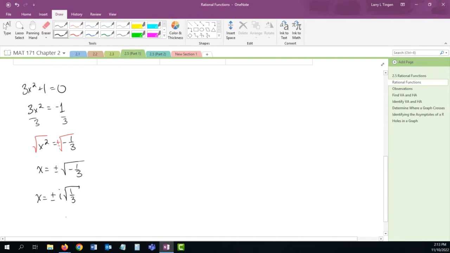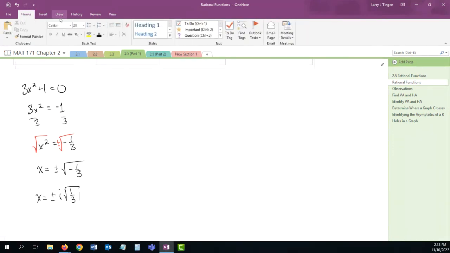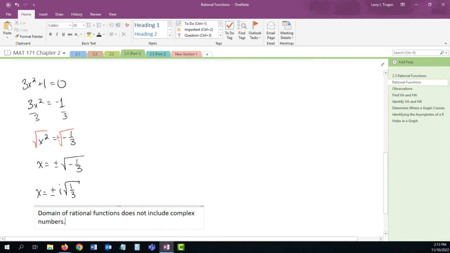Okay. The domain of rational functions does not include complex numbers, so ignore these.